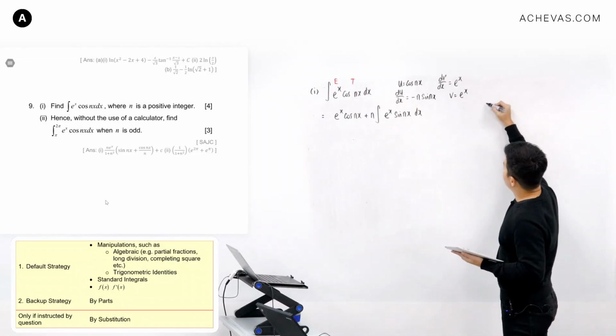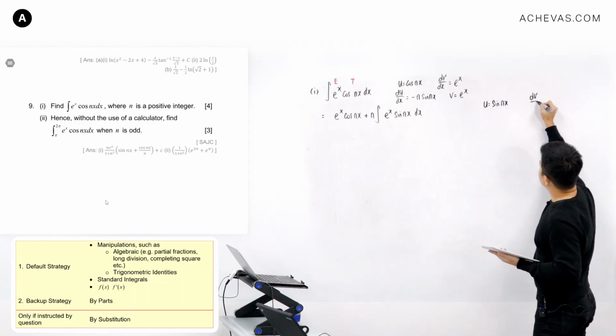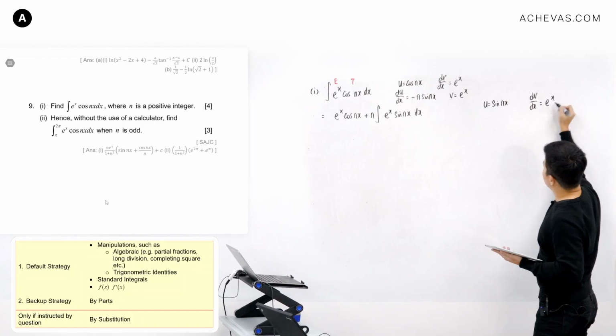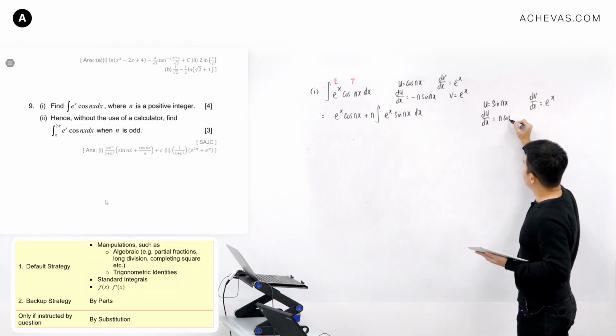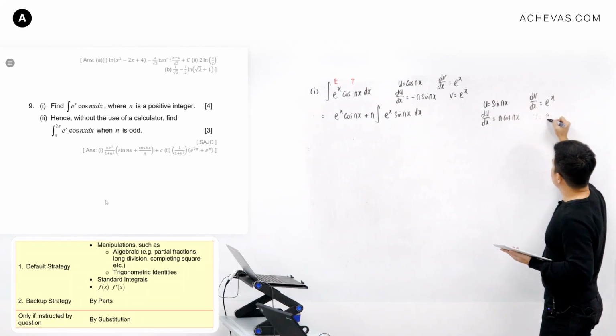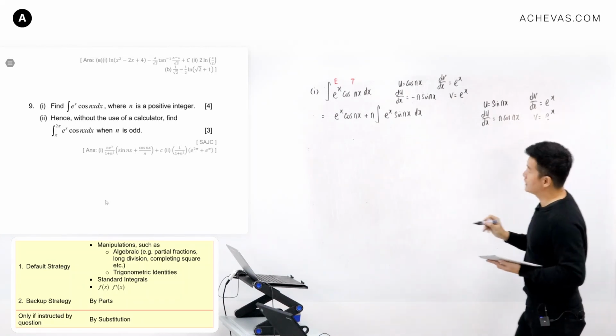So I'm going to go for another round of integration by parts. u is going to be equal to sine nx, and dv dx is e to the power of x. du dx is n cosine nx, and v is e to the power of x.